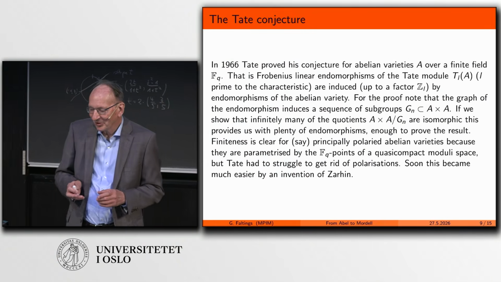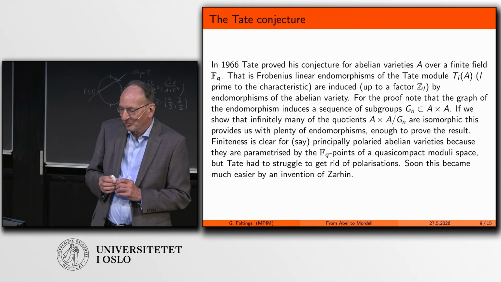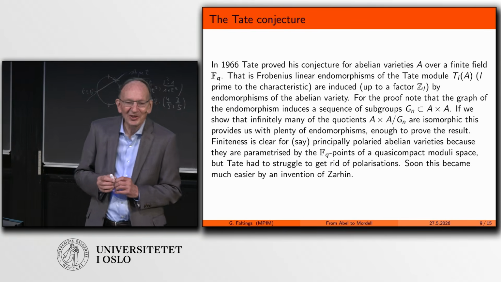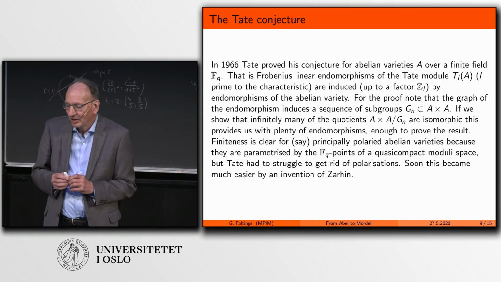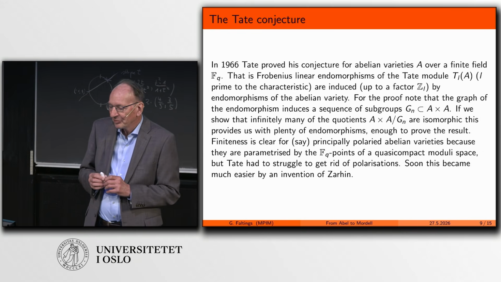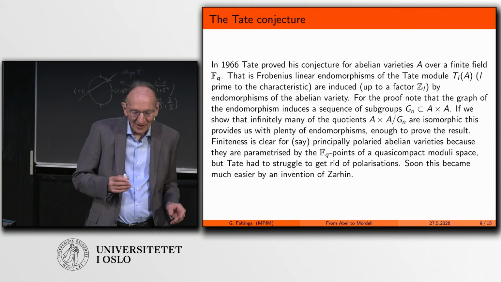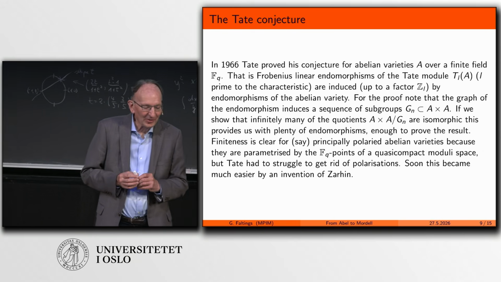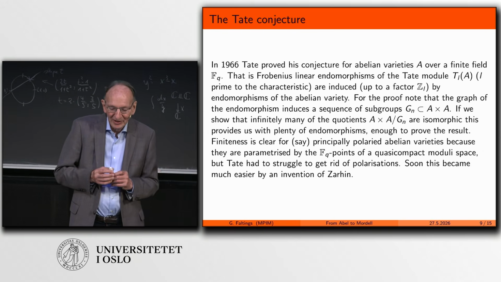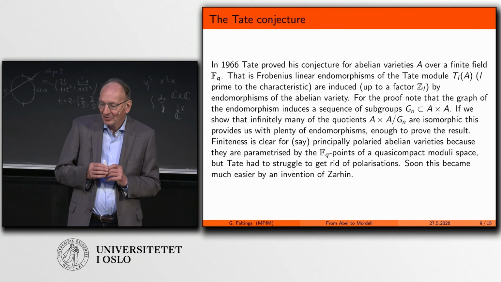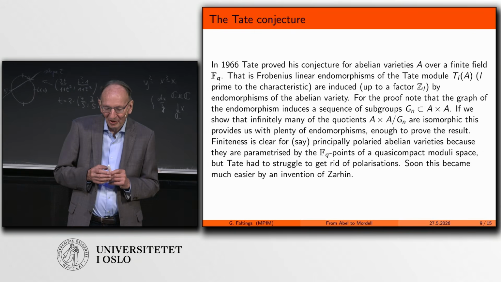Well, for me, another conjecture was important, the so-called Tate conjecture. Tate was also an Abel Prize winner. For an Abelian variety, which is a variety that also has a group structure, you can do this over finite fields, so they have only finitely many points.